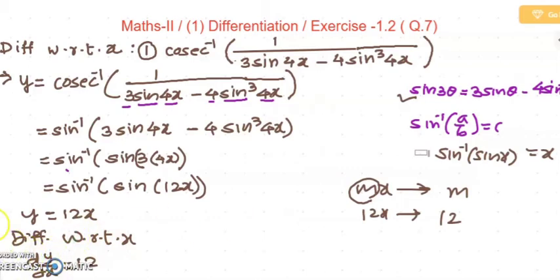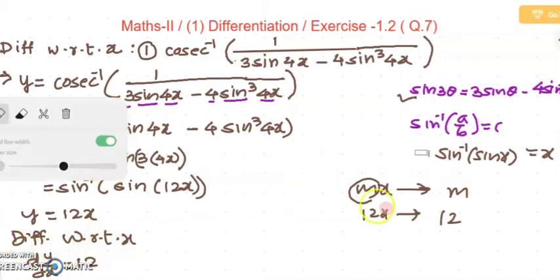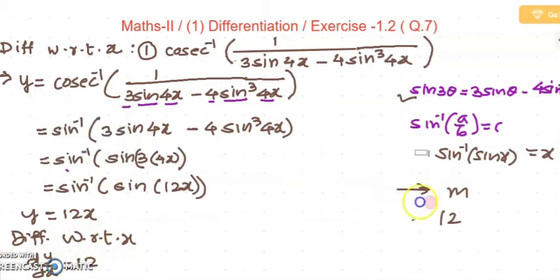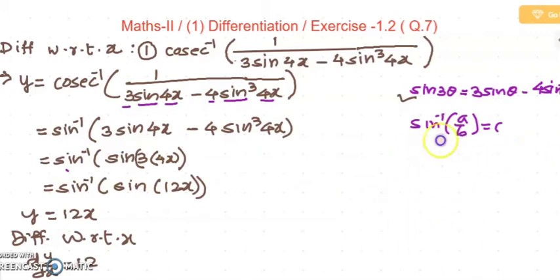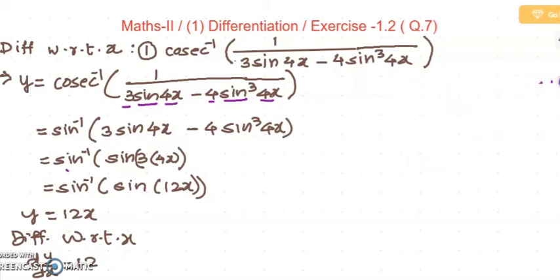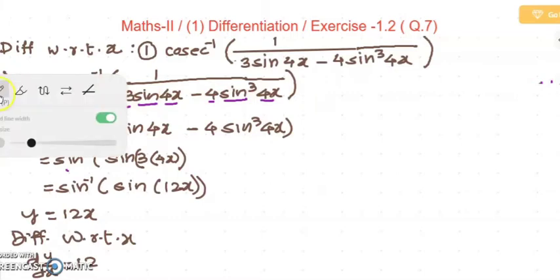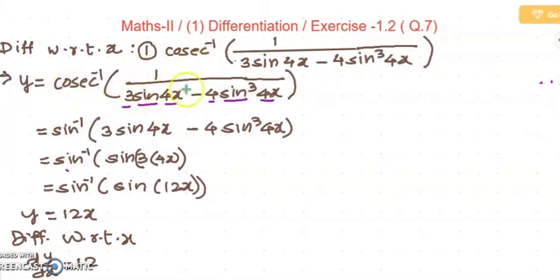You can go through this quickly. Some steps are shown here and some formulae which we used. Now I am erasing those. This example starts with the original expression, cosec inverse of something. Cosec inverse of a upon b can be written anytime as sine inverse of b upon a.